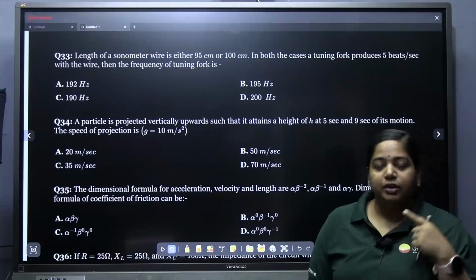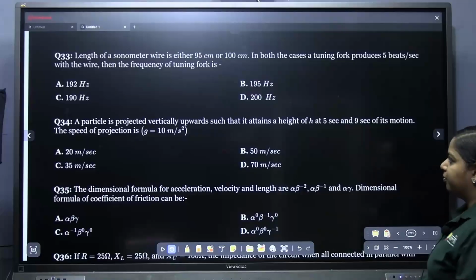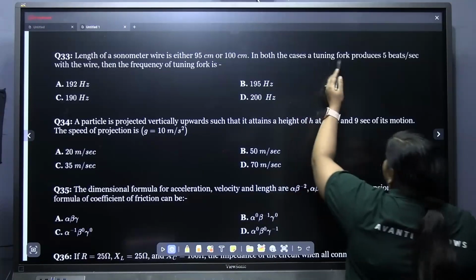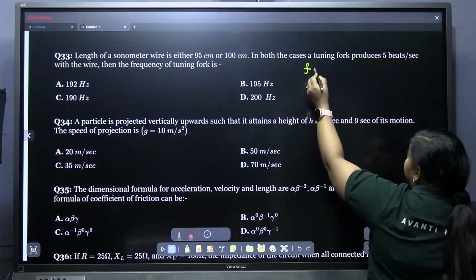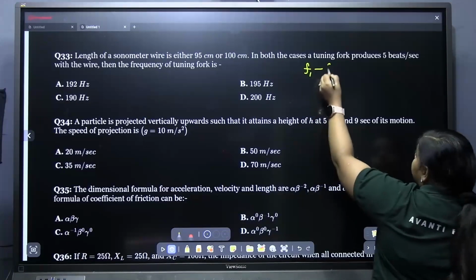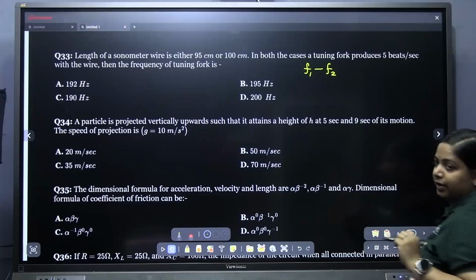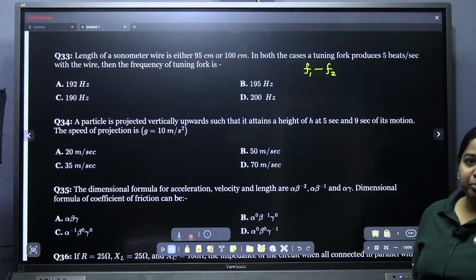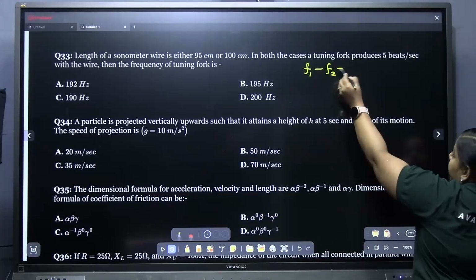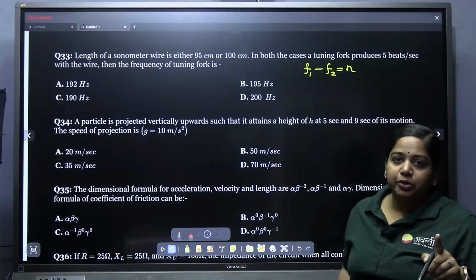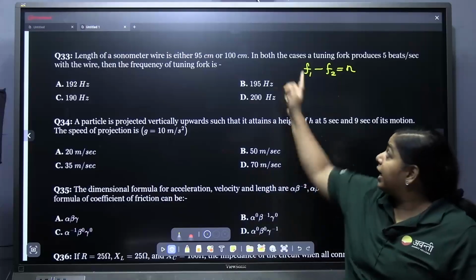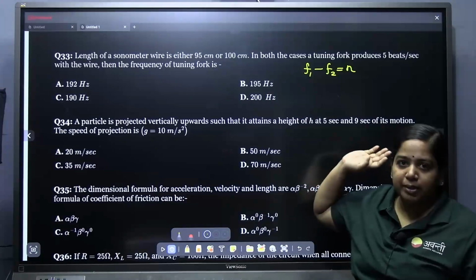It is not given in the question, so you have to take that value. Beats is the frequency of the first one minus the frequency of the second one. This is the number of beats, N. The same tuning fork is producing beats with 95 cm and 100 cm.